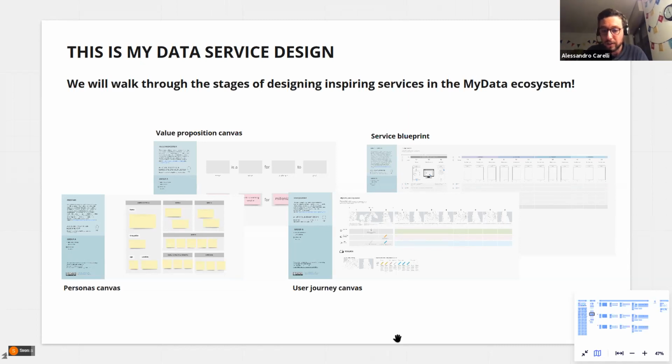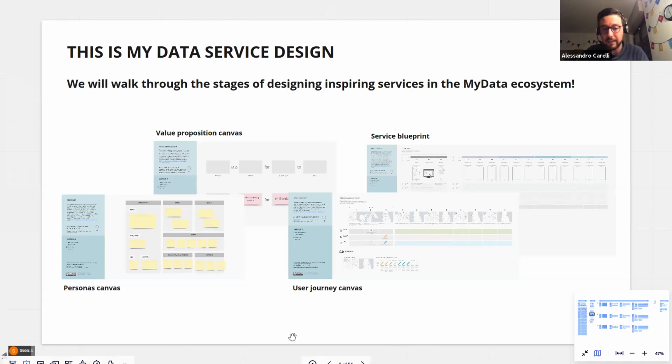Then the user journey canvas, to understand what is going to be the journey throughout our service, and then the service blueprint, where we will further design, hopefully in more detail, starting from the insight from the user journey.